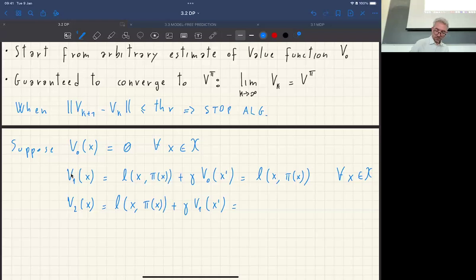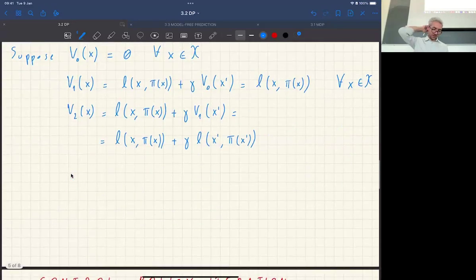So this is equal to L of x, pi of x, plus gamma L of x prime, pi of x prime, x prime being the next state. We can do that for another step.